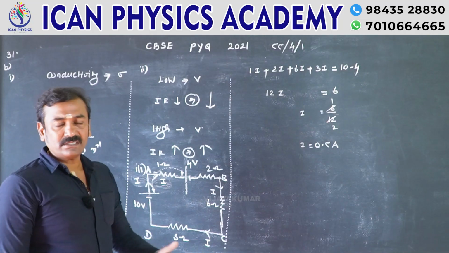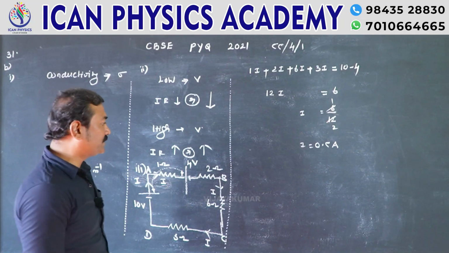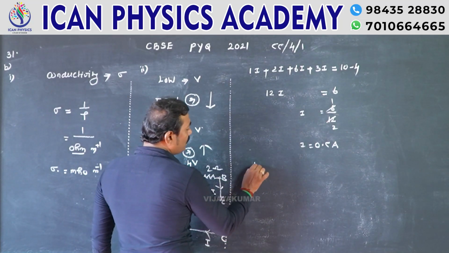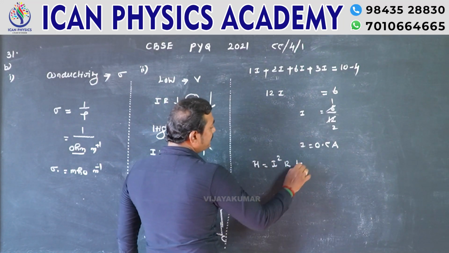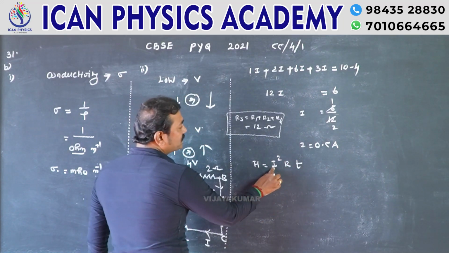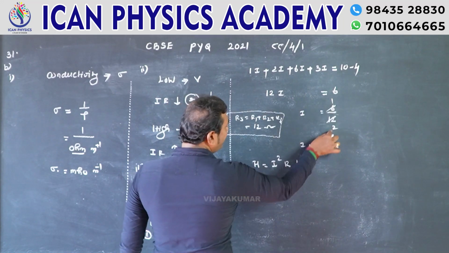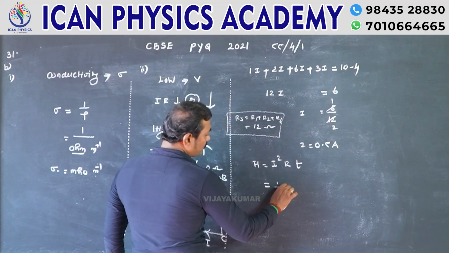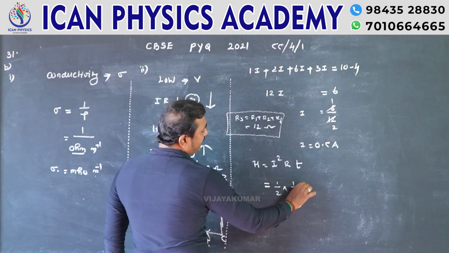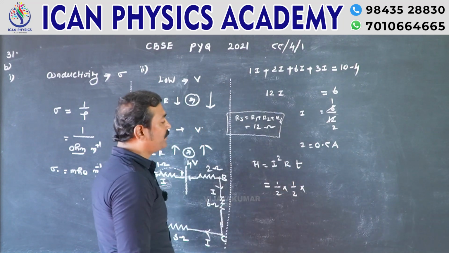What is the question asked? What is the heat produced in 1 minute? So H equals I squared R into T. What is the value of I? 1 by 2, or otherwise 0.5. I squared can be taken as 1 by 2 into 1 by 2.